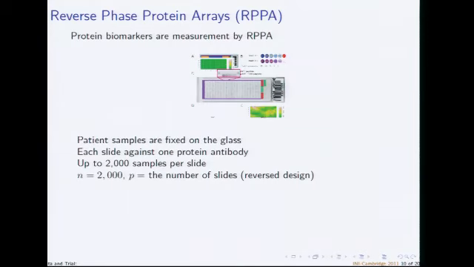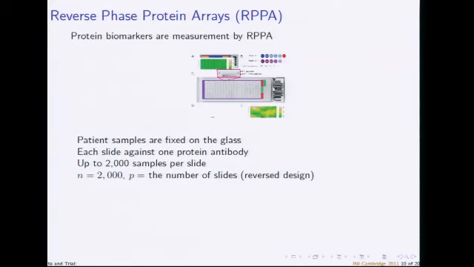And they hybridize each slide against one antibody that represents a protein. So at the moment, they could do 2,000 patient samples on one slide. And if they use 50 of the slides, then they could measure 50 different proteins. So it is a reverse order compared to the traditional microarray, which puts genes or proteins on the slides, and patient samples are the thing they hybridize against.